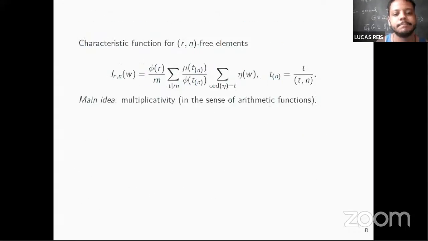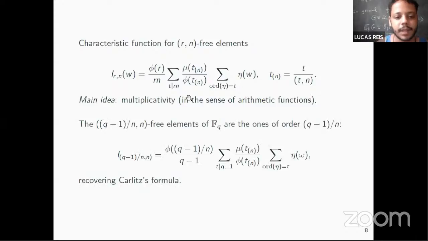The main idea to prove it is something traditional in this kind of issue: we use multiplicativity on R, taking the prime factorization of R, and so we can obtain this formula.